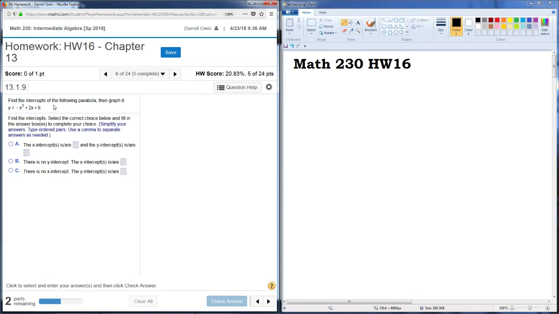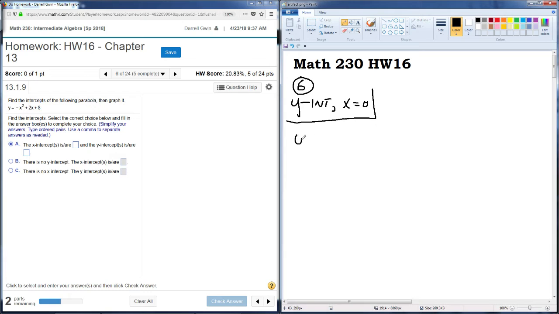Let's see. Find the intercepts of the following parabola, then graph it. Okay, so the intercepts. Looks like the x-intercepts. Well, let's do the y-intercept first. So this is number 6. First, we'll do the y-intercept, and the y-intercept has x equals 0.